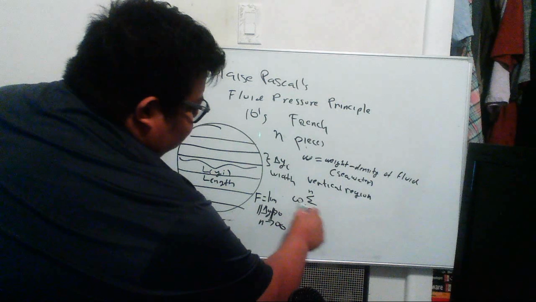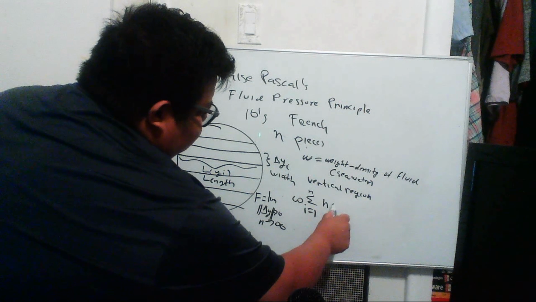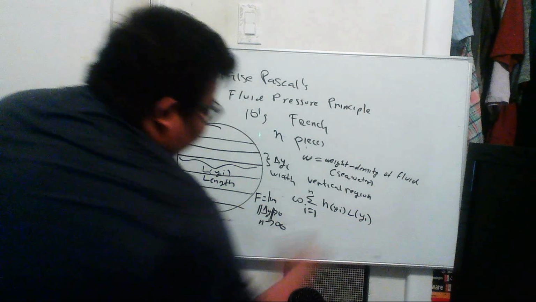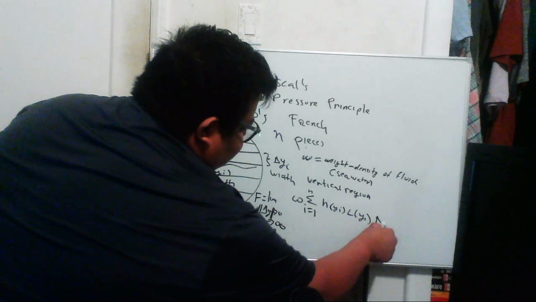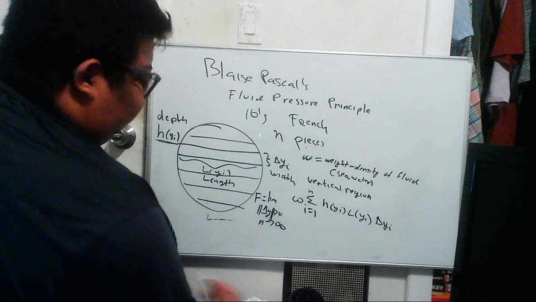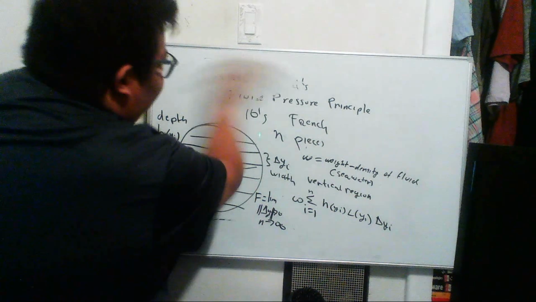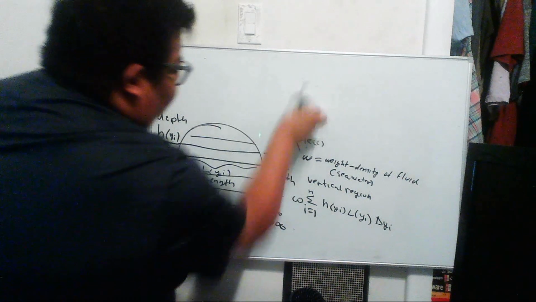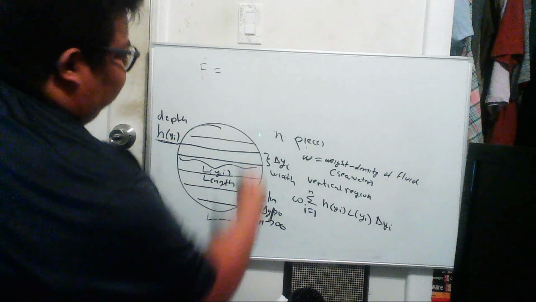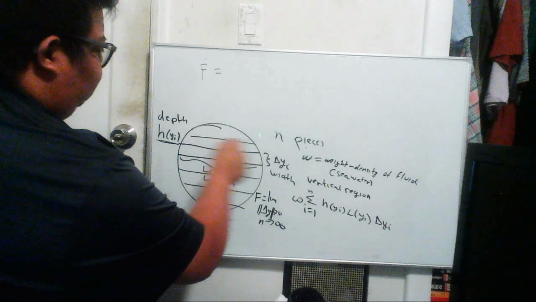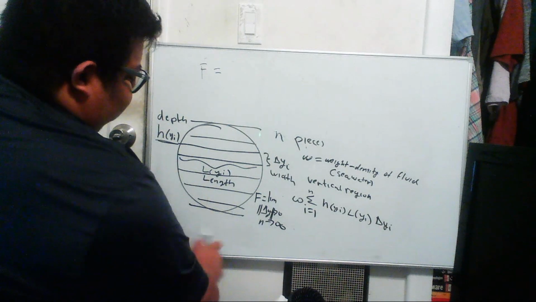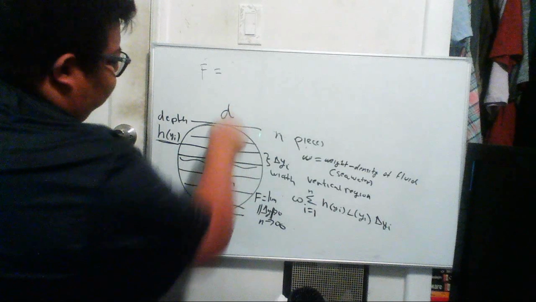And then we're gonna take that and we're gonna multiply h of yi, L of yi, and delta y i. But if we take the limit, this limit becomes, so let's say from here to here we go from c to d.